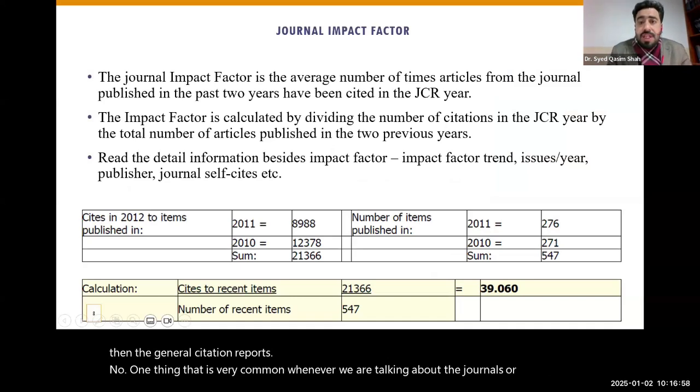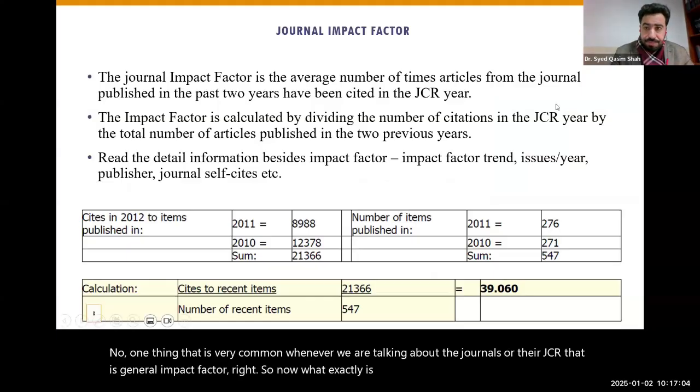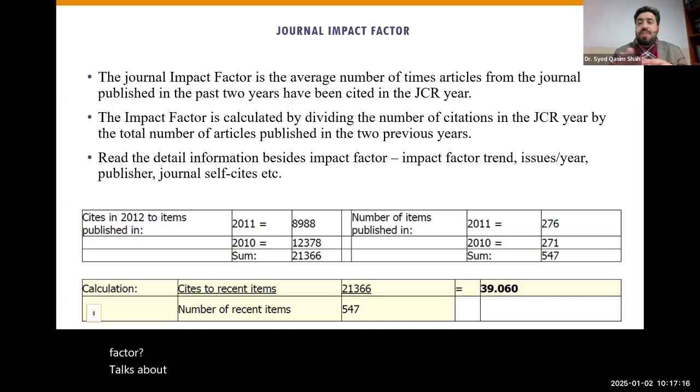Now, one thing that is very common whenever we are talking about journals or their JCR is the journal impact factor, right? So what exactly is impact factor? Impact factor talks about the citation of any journal on the basis of two dimensions.